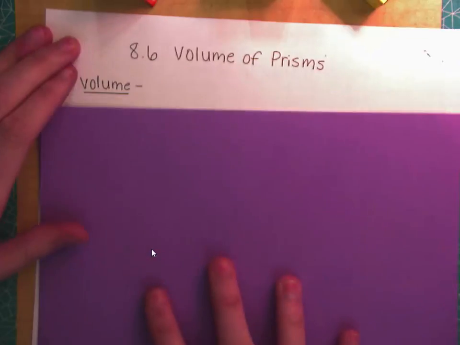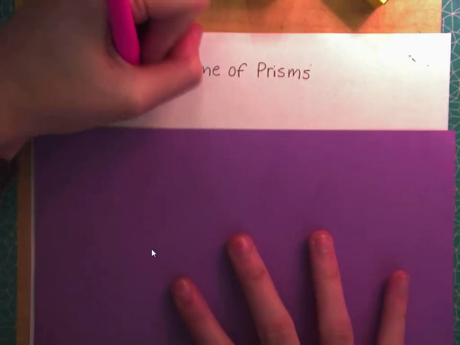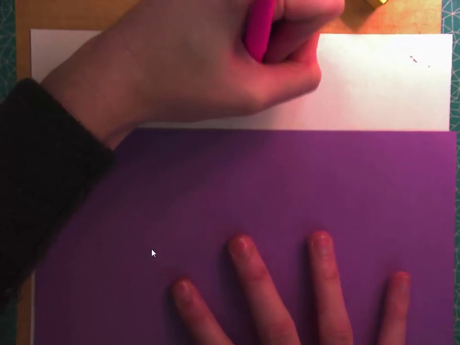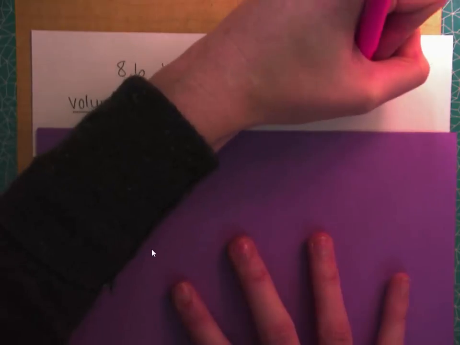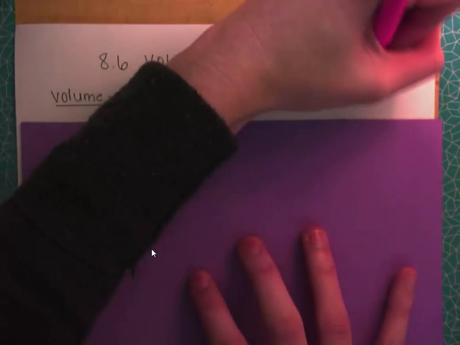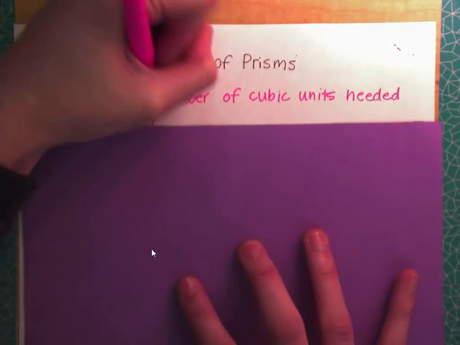Okay, so the first thing we need to look at is just what is volume? What's the definition of volume? Okay, so volume is the number of cubic units needed to fill a space.